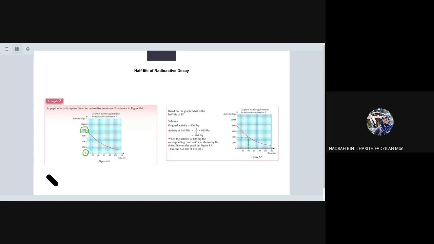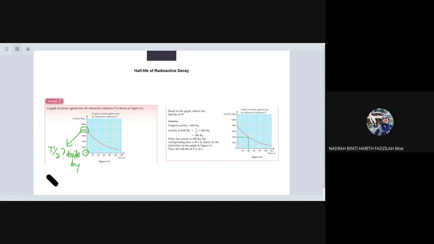So we know that at half-life, we have to divide by 2, right? We have to divide by 2.